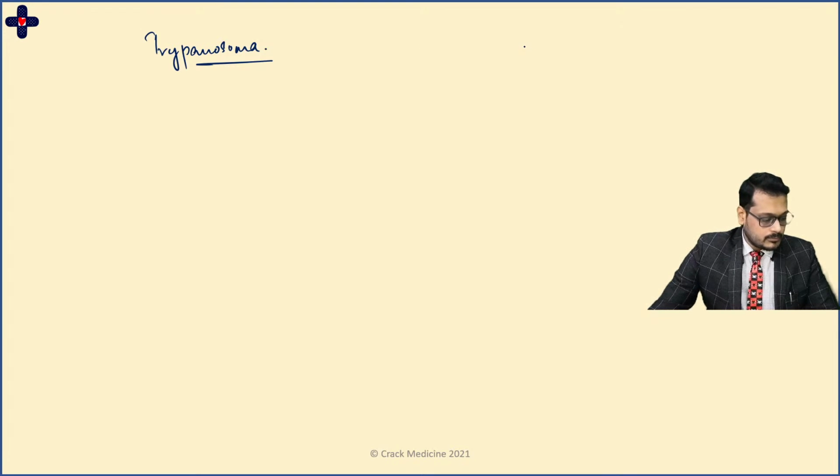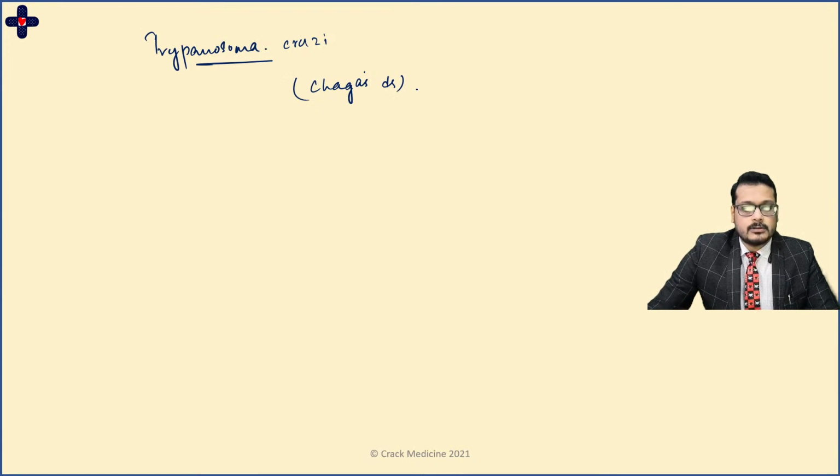Basically, there are two types of diseases in this. The American form is Trypanosoma cruzi, which causes Chagas disease. This happens in the land of dreams.